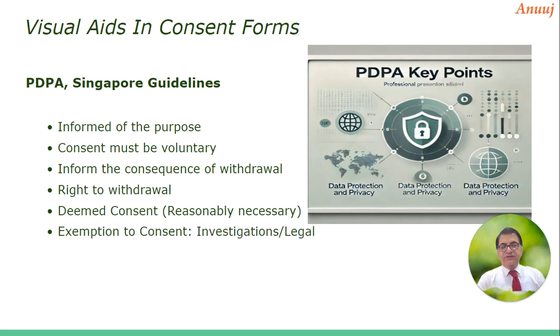What are those situations in which your consent is either assumed or not taken or exempted? It's when there are some investigations and some legal proceedings. In that case your personal information can be shared with the respective agencies without your consent, or it is assumed or deemed that because there is a reasonable need, your personal information can be shared without your consent, right?